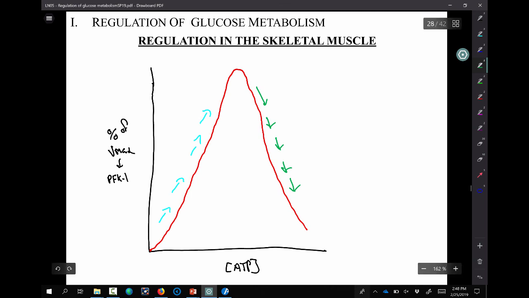It turns out that the regulatory site has a lower affinity for ATP than the active site.